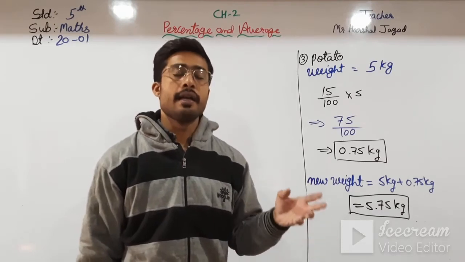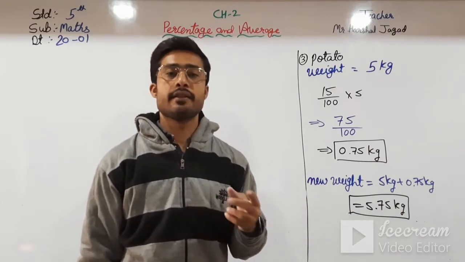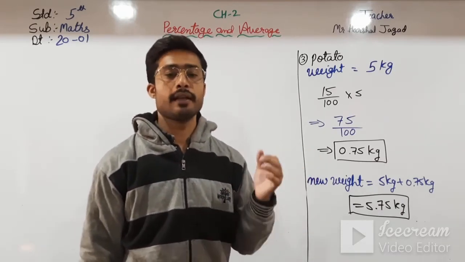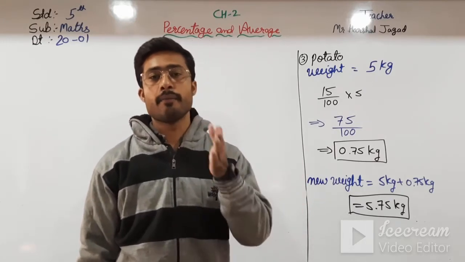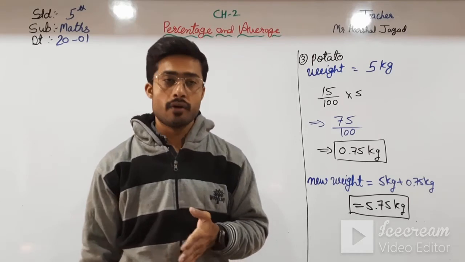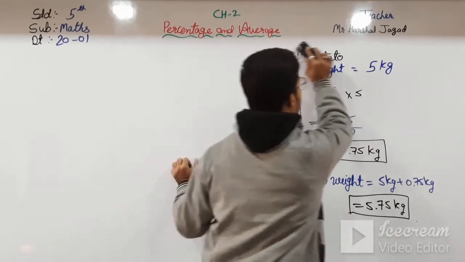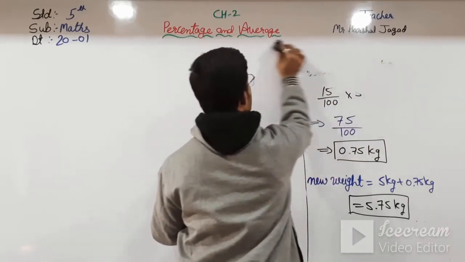If the car goes 15 kilometers in 1 liter, then the average of the car is 15 kilometer per liter. Okay.